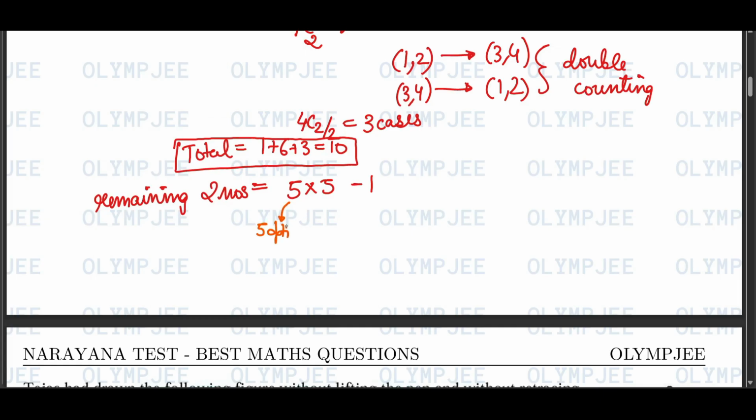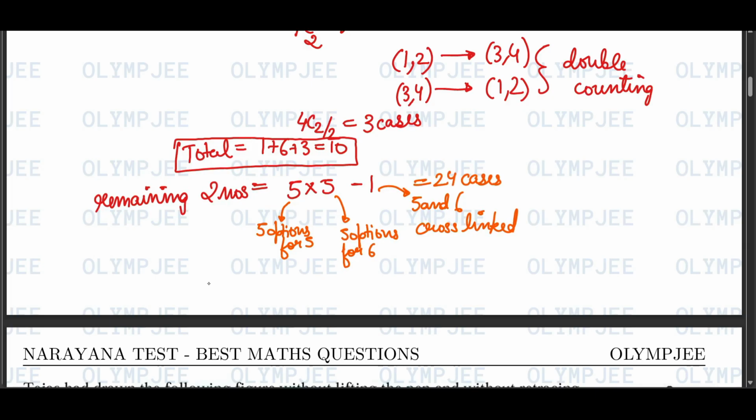Five options for 5, 5 options for 6, 5 and 6 cross-linked. So this gives us 24 cases.